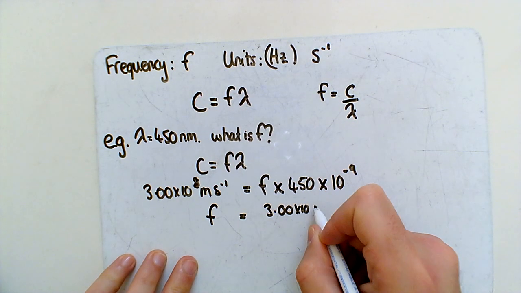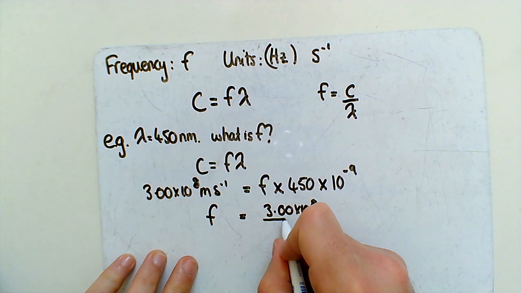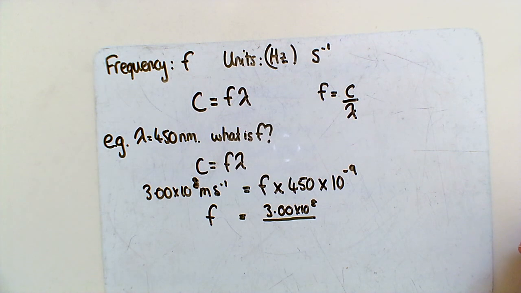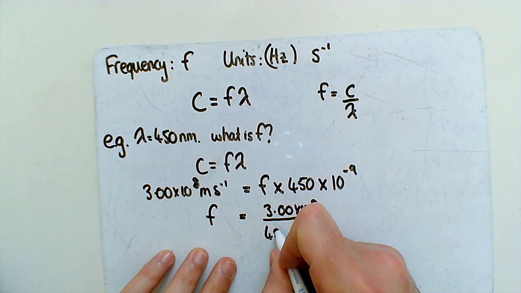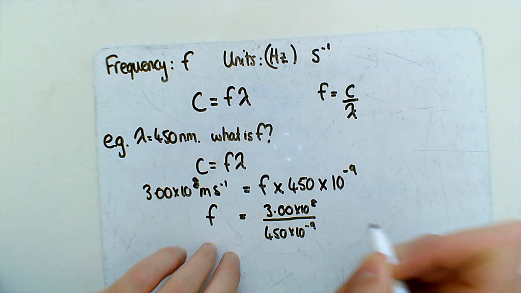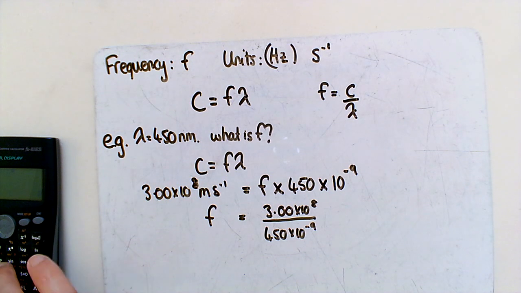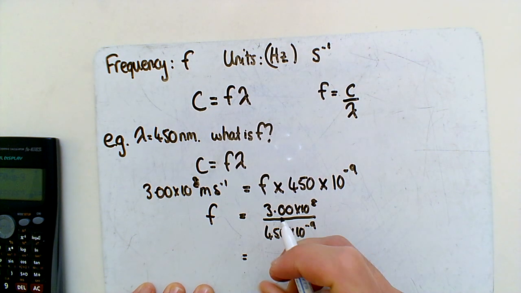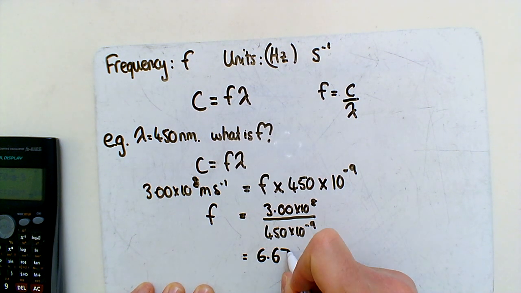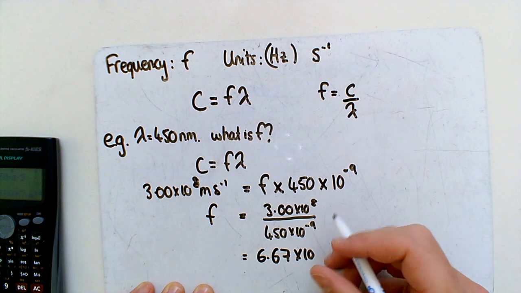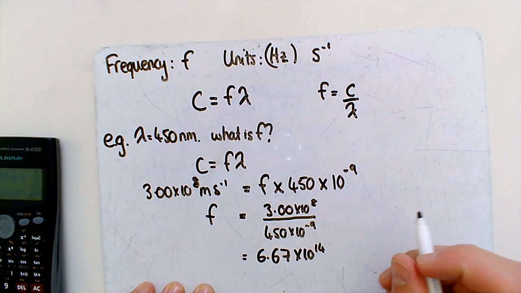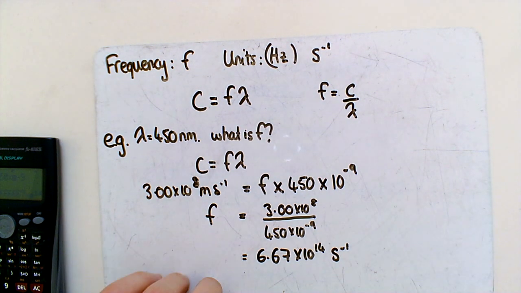And so f is going to be 3.00 times 10 to the 8 divided by 450 times 10 to the minus 9. If we do that on our calculator, we get a quite high frequency of 6.67 times 10 to the 14 seconds to the minus 1.